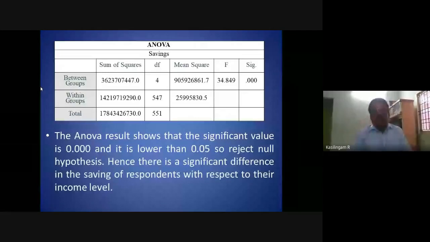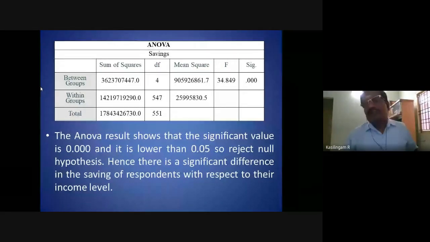So now we know that they are different. Whenever there is a difference, we should not stop, right? Why should we not stop? Because they are different. For example, you are comparing yourself with your friends and you get a different result.